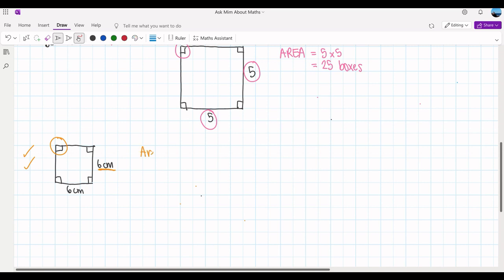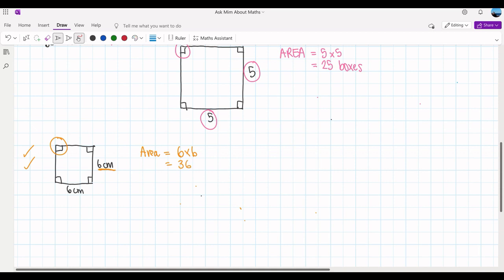Using the same principle as before, how can we figure out our area? What do we need to do? Great. We multiply 6 times 6 together to figure out our total area, this time using the centimeters. 6 times 6 is 36.